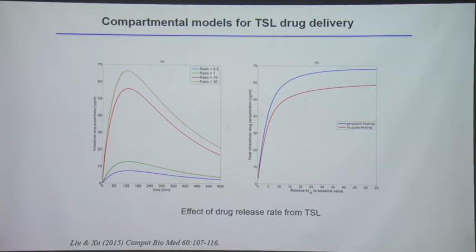The continuous heating gives you a higher intracellular drug concentration, which is easy to understand because the release rate is temperature dependent, and if you heat the tumor continuously, you're more likely to sustain the high temperature required to achieve the higher release rate. But then the interesting observation is that this curve on the right is the peak intracellular drug concentration as a function of these normalized release rates.